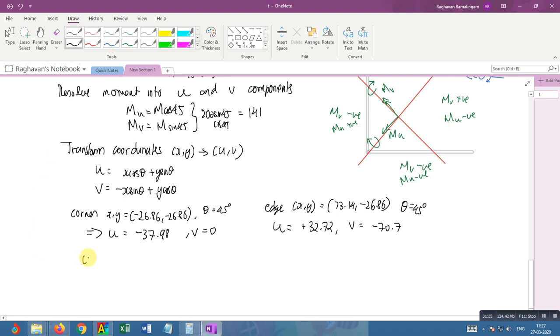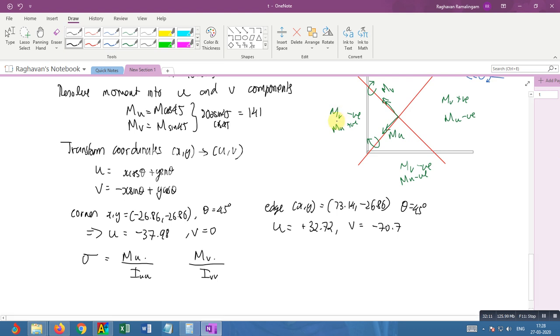So sigma equals mu into v by Iuu, and mv into u by Ivv. Or let me not use u and v. I'll tell you why I don't want to use the letters u and v here.